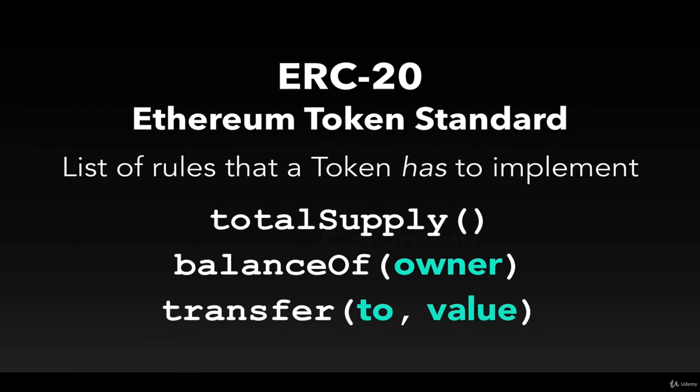Now, ERC20 specified an interface that any token ought to implement. If you expose a way to get the total supply of the tokens, the balance of an address, and to transfer if you are the owner of some tokens, then you adhere to ERC20.